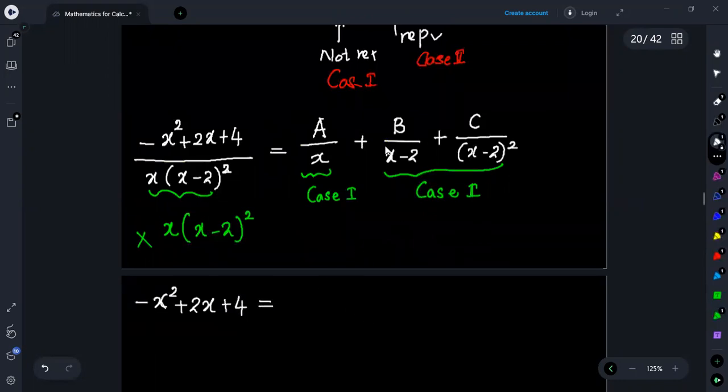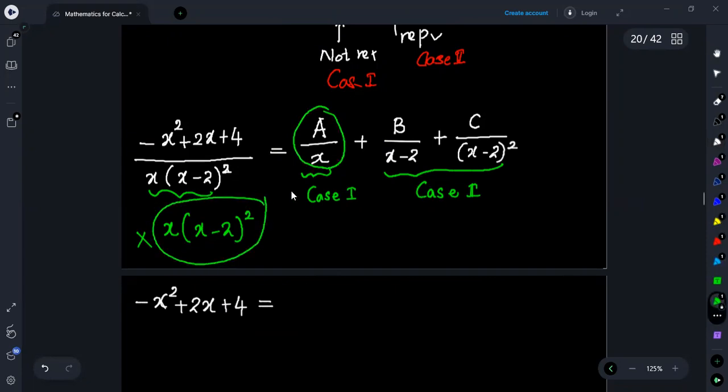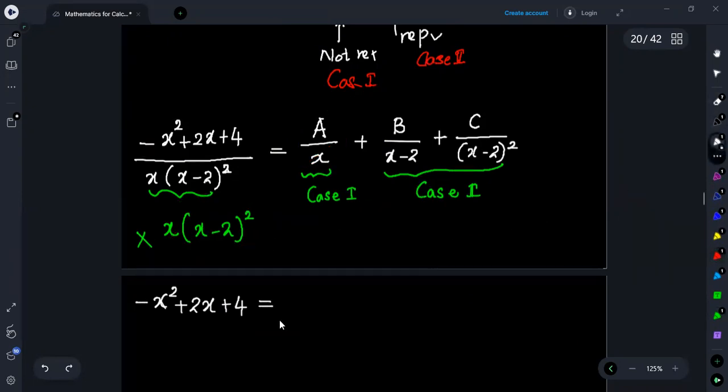This is equal to, and here we multiply this factor by this one. We can see that x cancels out, and the remaining part is A times (x - 2)^2.